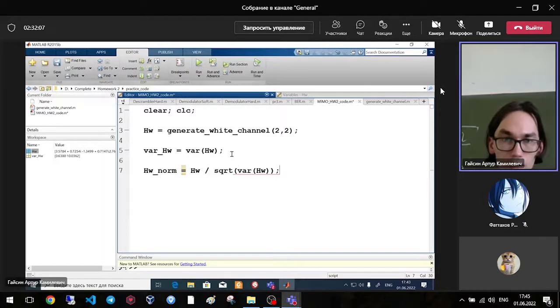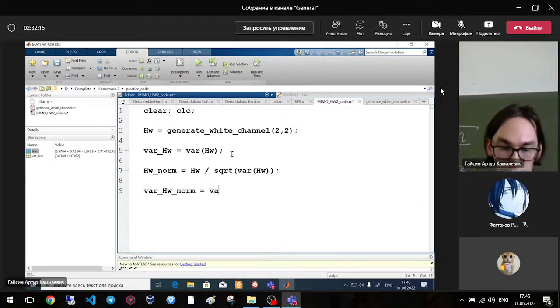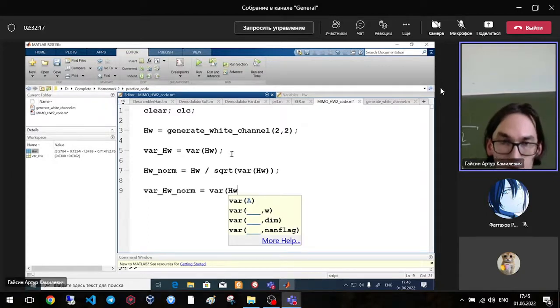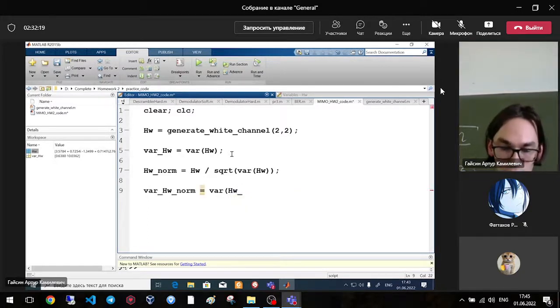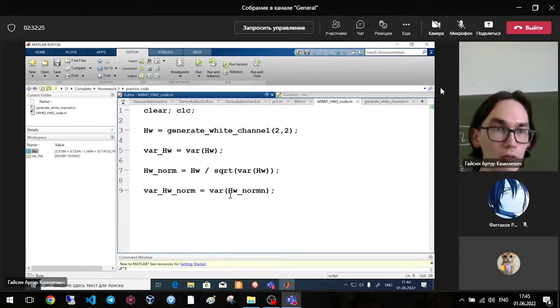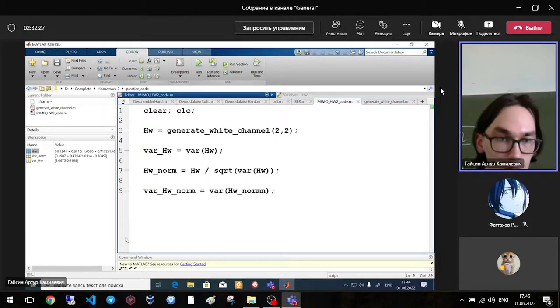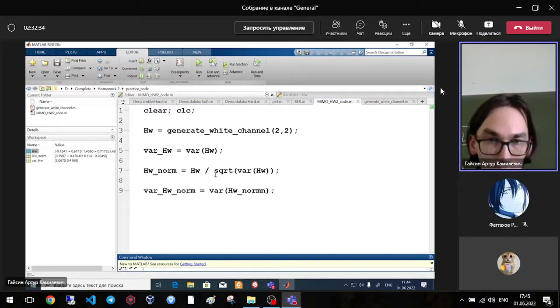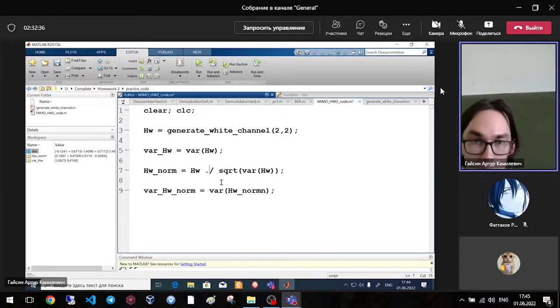And let's check our variance, variance of HW normalized. So let's calculate this thing, and we have some problems, I think, here, because maybe this one.